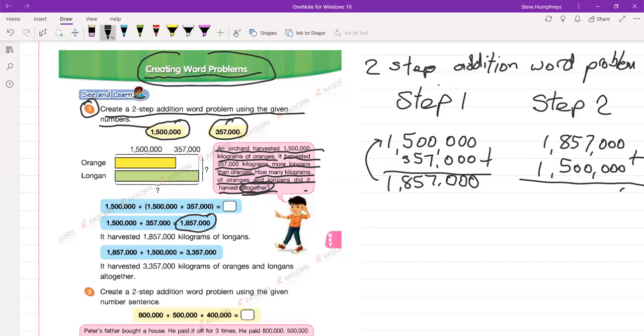Okay, add them together. 0, 0, 0, comma, 7, 5, 13, 3, carry 1, comma, 3,357,000 altogether. Okay, there's that answer. And sentence: it harvested 3,357,000 kilograms of oranges and longans altogether.